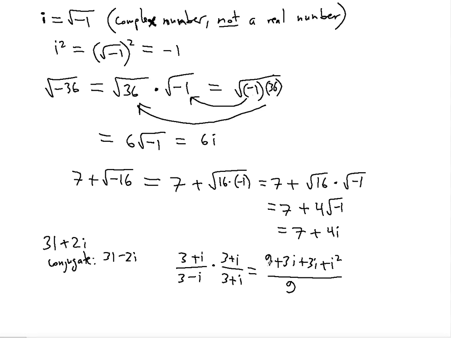Let me write it clearer. So again, we're going to have 9, and the middle terms go away, so we're going to have minus i squared. Now remember what i squared is, right? Since i is the radical of negative 1, i squared is simply negative 1.